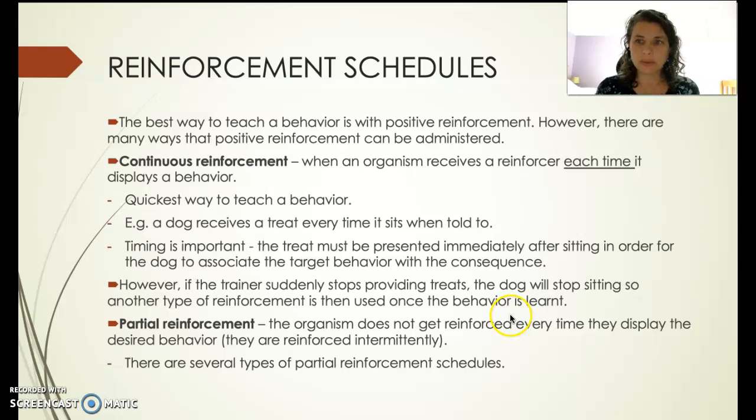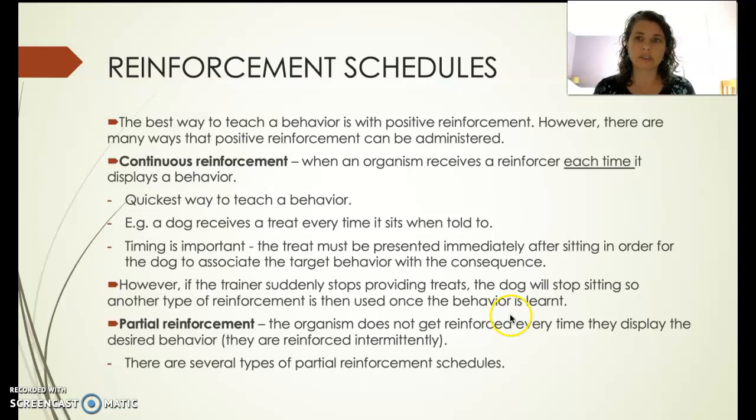Reinforcement can occur continuously or it can occur partially. Continuous reinforcement is usually a great way to reinforce behaviors as someone is learning them. If you've ever taken your dog to a training, usually you reinforce that dog constantly when you're teaching them to sit or to lie down or to stay.